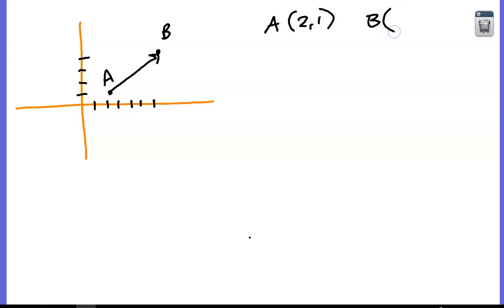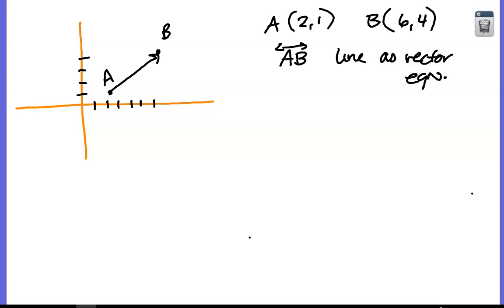Point B was at (6, 4). And what I want is a vector equation of line AB.